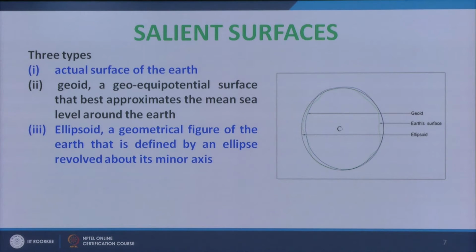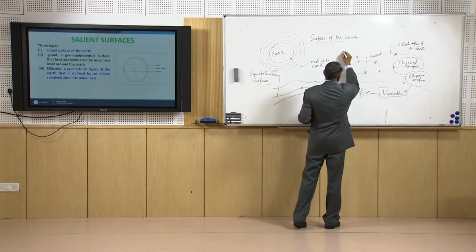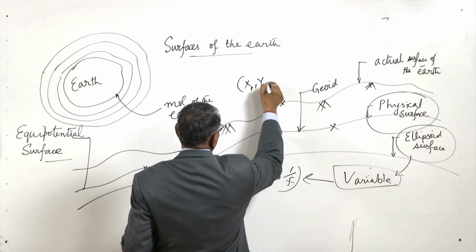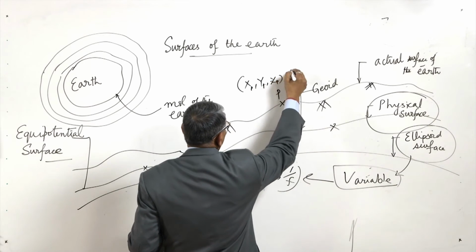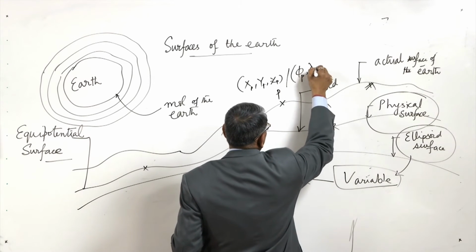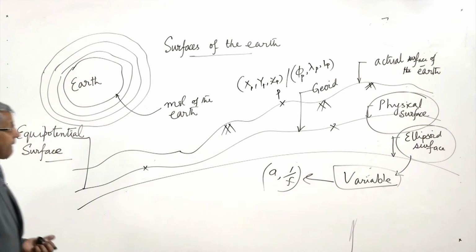Now suppose a point P, whose coordinates are xp, yp and zp, or phi p, lambda p.